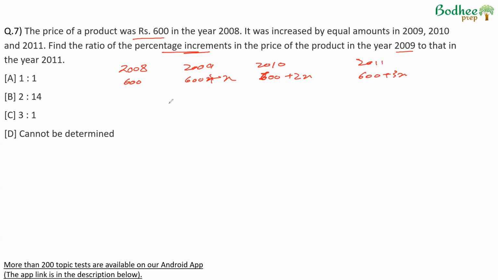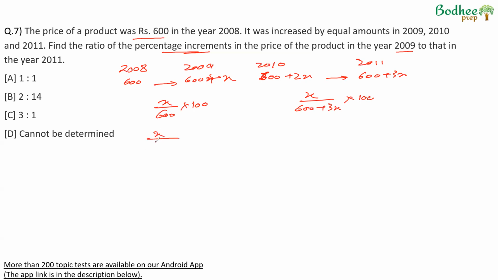In 2009, the percent increment will be X upon the starting value 600 into 100. Increase over the starting value. In 2011, the percentage increase will be X upon 600 plus 3X into 100. We have to find the ratio.